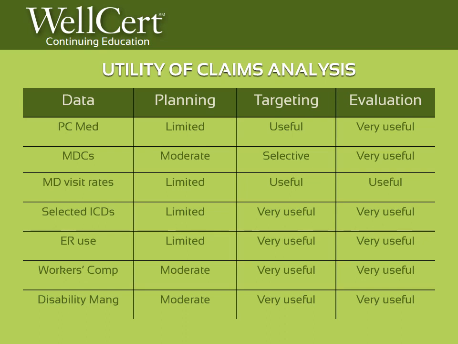That's where we pull out selected kinds of issues which relate back to the risk factors that we're dealing with in a wellness program. Emergency room use, workers' comp, disability, and it just gives you an idea of what kind of level of usefulness we can get, the utility of that kind of data applied to planning, targeting, and evaluation purposes.